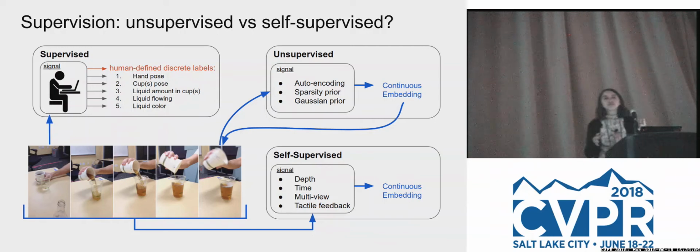So this is the difference that I can define. And as you see, the lines are a little bit blurred. For example, if I'm using ego motion as my supervision, is this self-supervised, is it unsupervised? So it is up to debate, but usually self-supervised is used in the context of robotics.